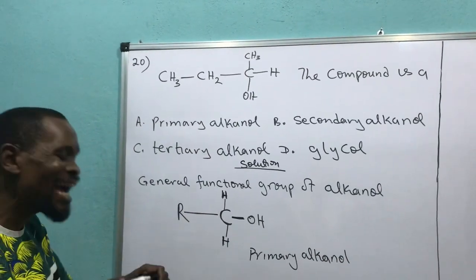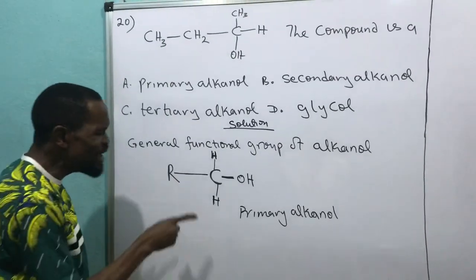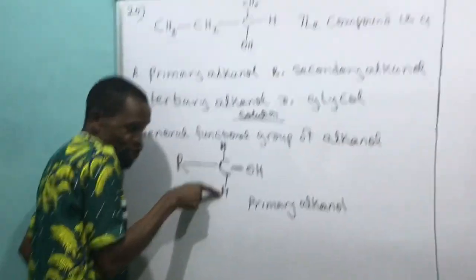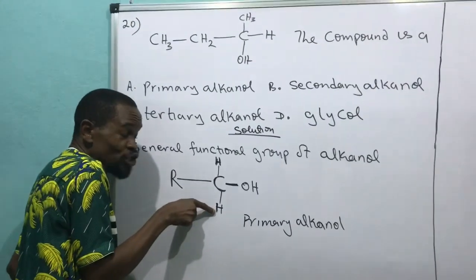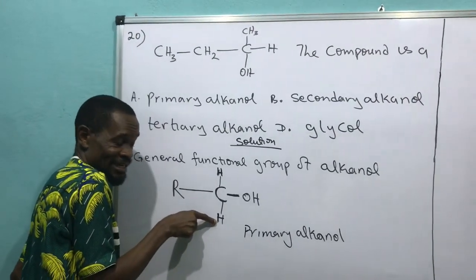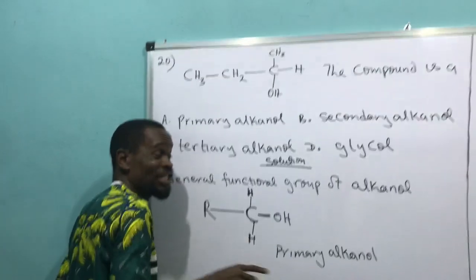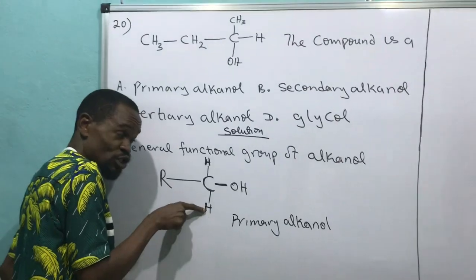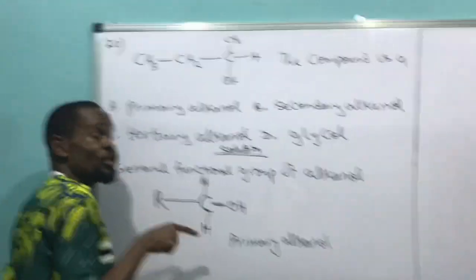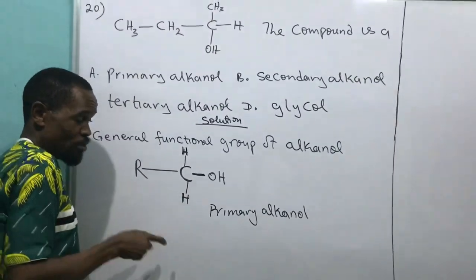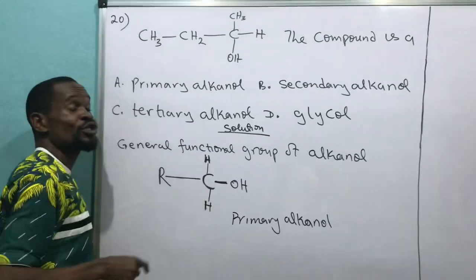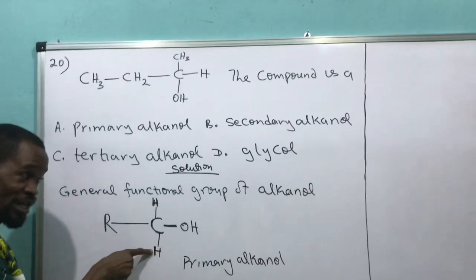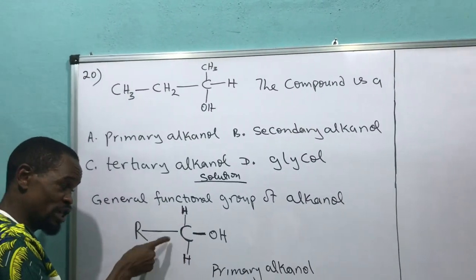Then a secondary alkanol will be when this carbon sells one hydrogen here to the aliphatic, the straight chain hydrocarbon. This will turn into secondary alcohol. When it sells this one hydrogen, how many hydrogens does it have here? Two. This is aliphatic.